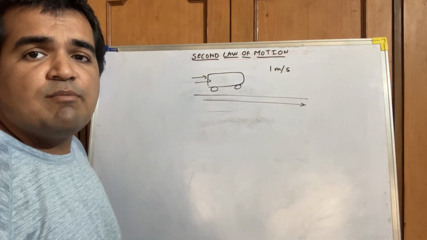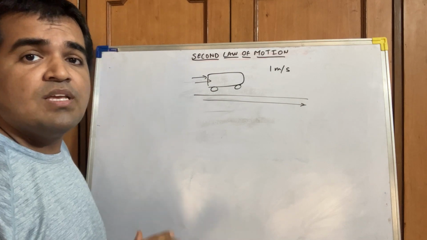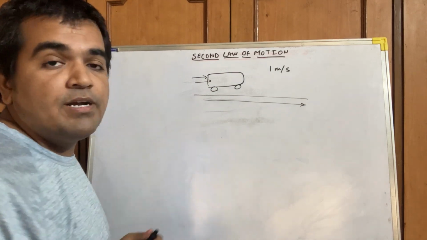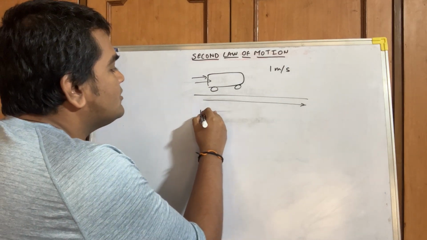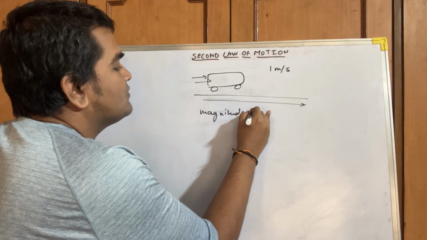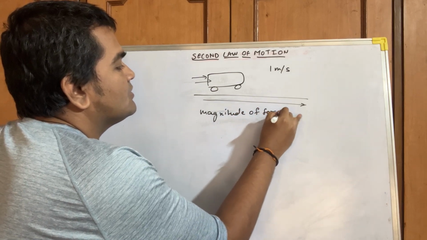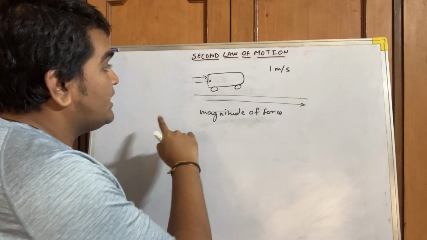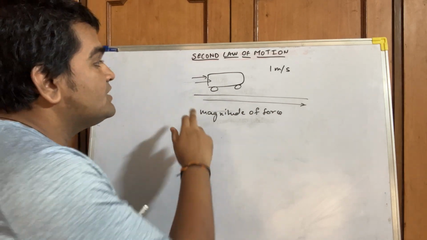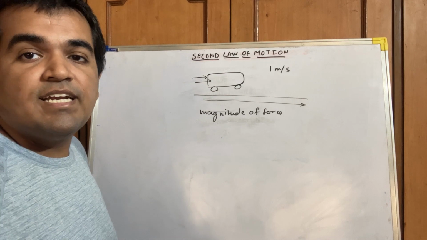So this example suggests that the change in momentum does not depend only on the magnitude of the force, but also on the time during which the force is exerted.